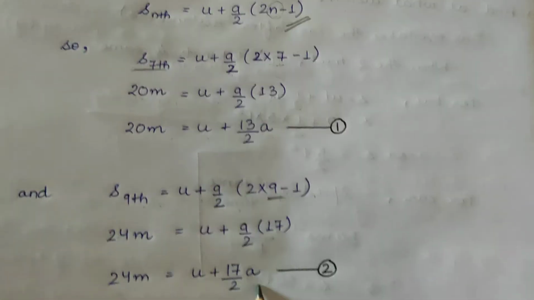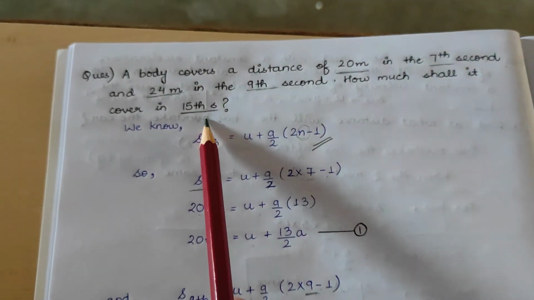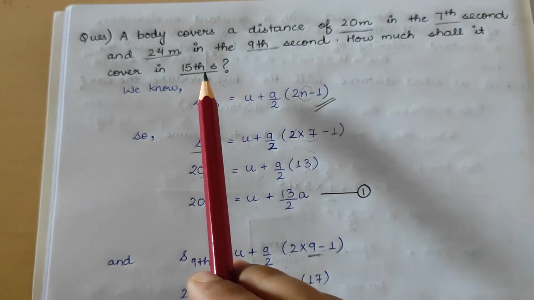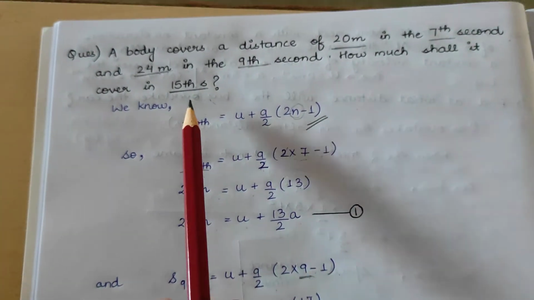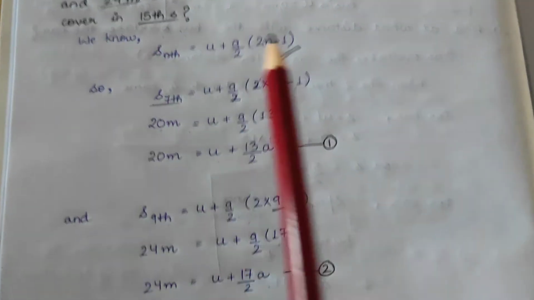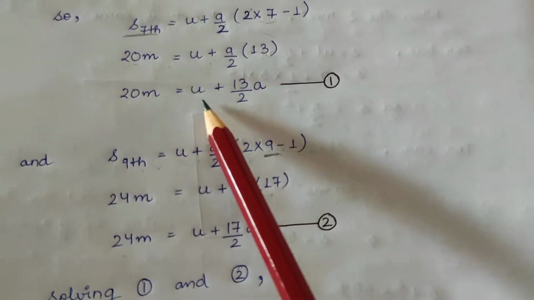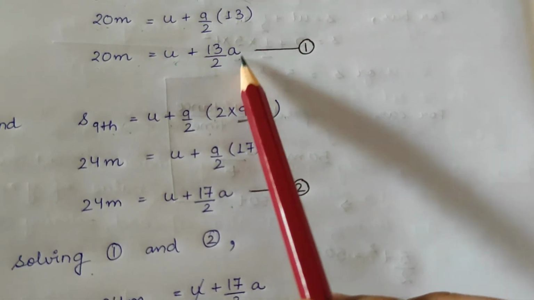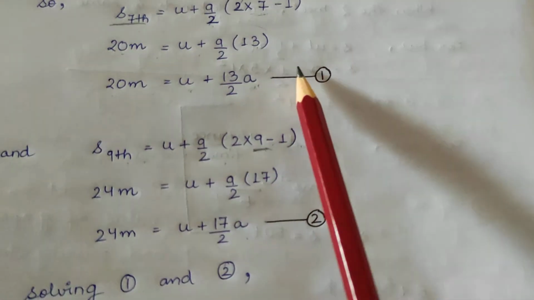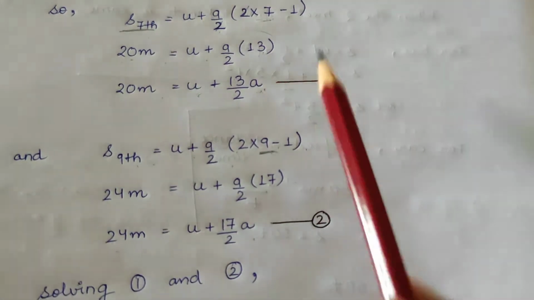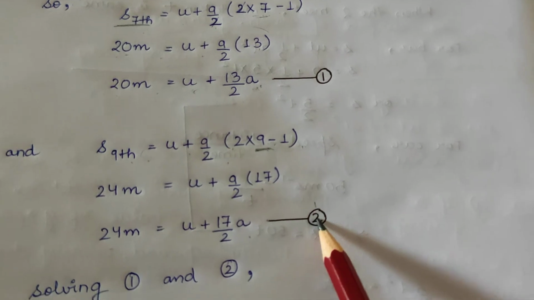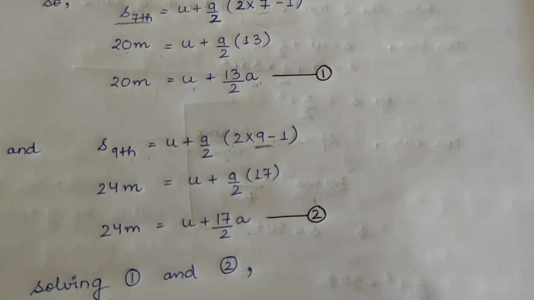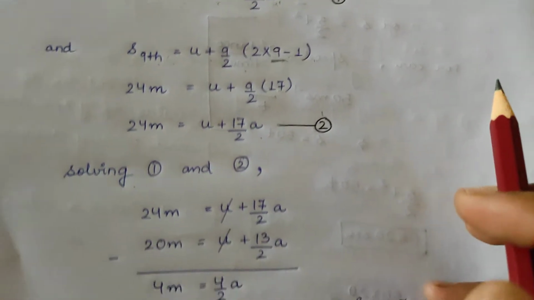Now we have to find the distance in the 15th second. First, what is unknown to us? We don't know the initial velocity u, and we don't know the value of acceleration a. So using equations 1 and 2, we will find u and a.